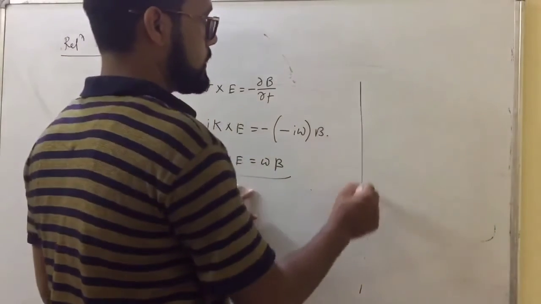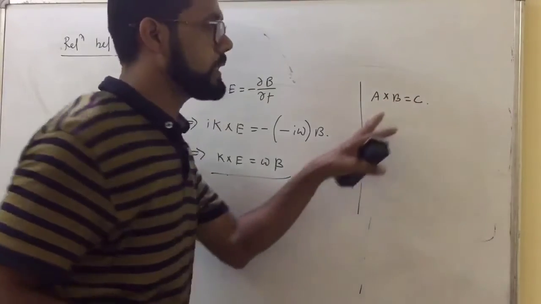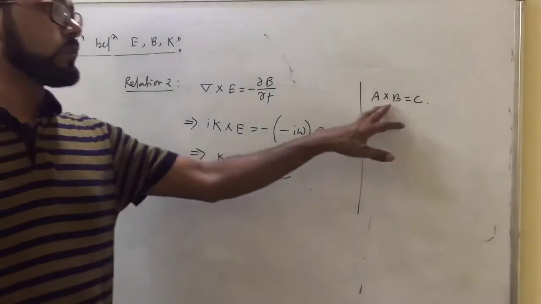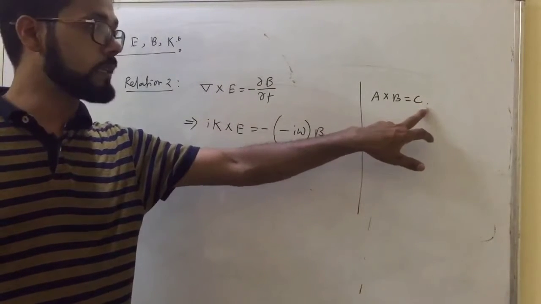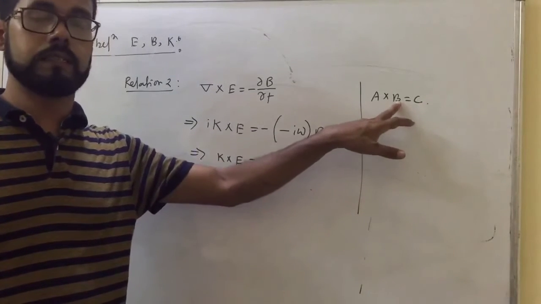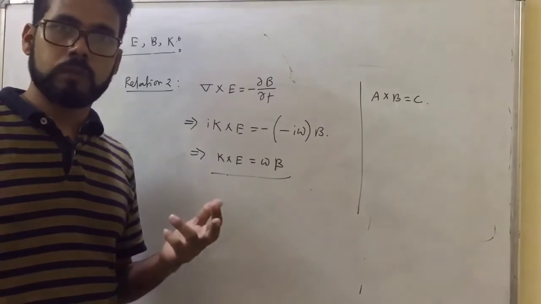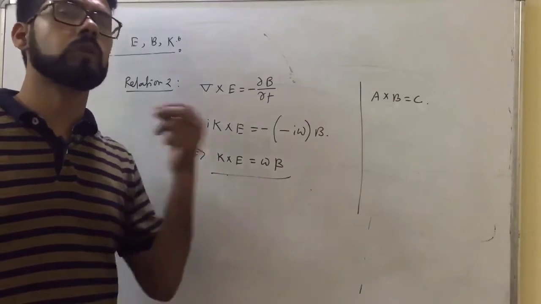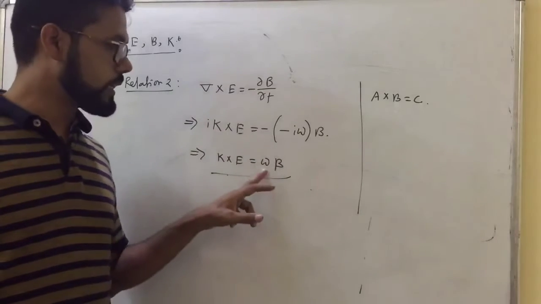This is the vector rule. Have you remembered the formula A cross B equals C? What is the meaning of this equation? A cross B equals C means C is an area vector, perpendicular to both A as well as B. Similarly, for a particular electromagnetic wave, the frequency is constant, omega is constant.